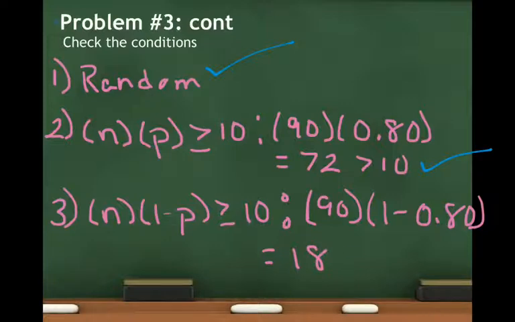You should get 18. Is 18 greater than 10? Yes, it is, and so all the conditions, the assumptions, are met. We can continue on and find the hypothesis test, the test statistic, and our p-value. So make sure you check your conditions and assumptions before you find your test statistic.